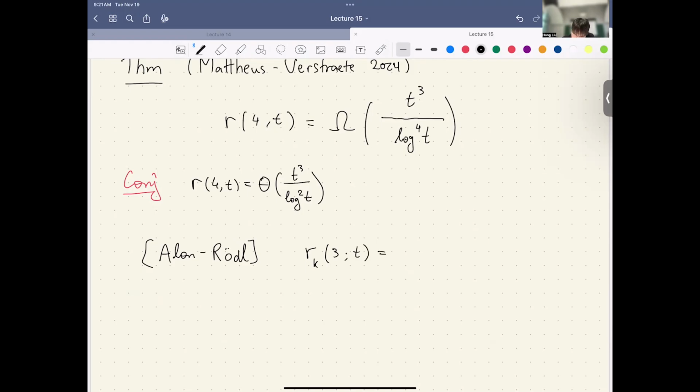It means you have k colors forbidding a triangle, and the last color forbidding a K_t. It's a multicolor Ramsey. They prove that, up to the polylog factor, they can nail down the polynomial of this Ramsey number.